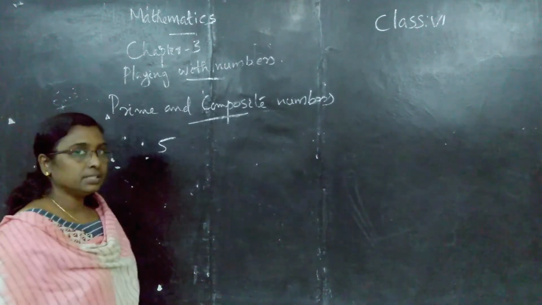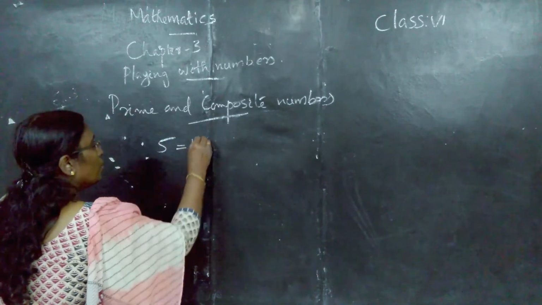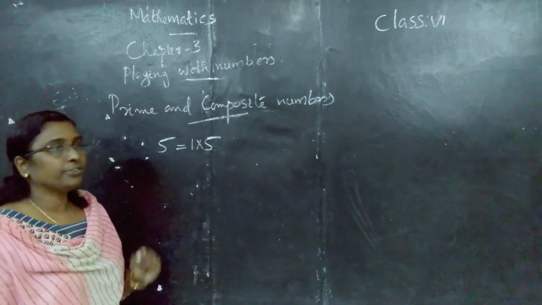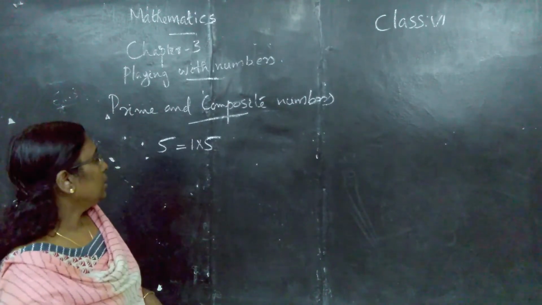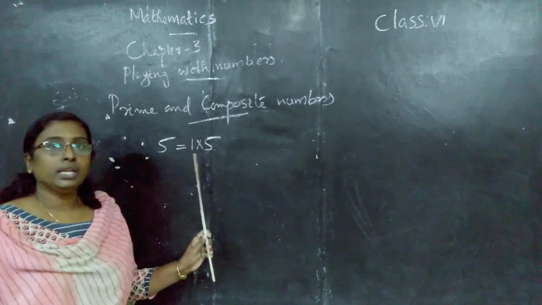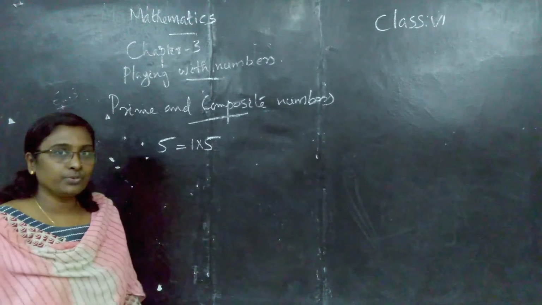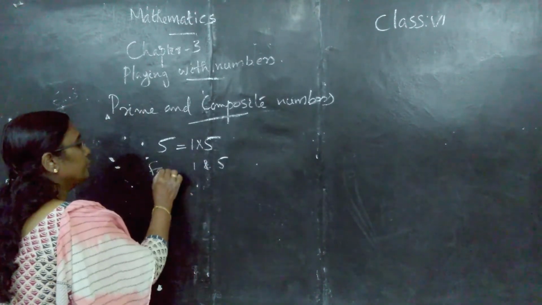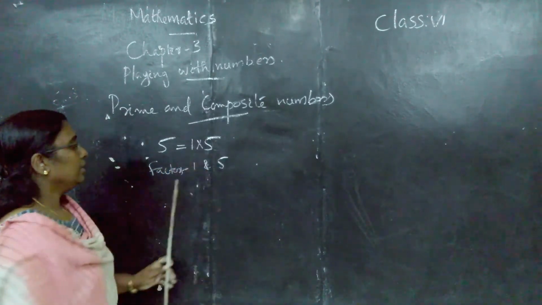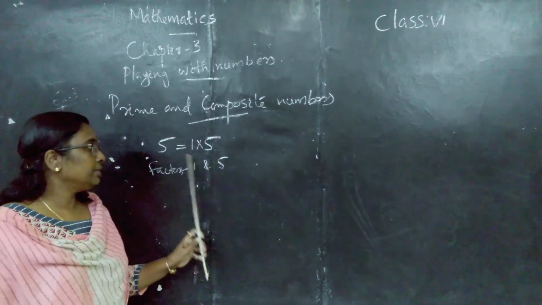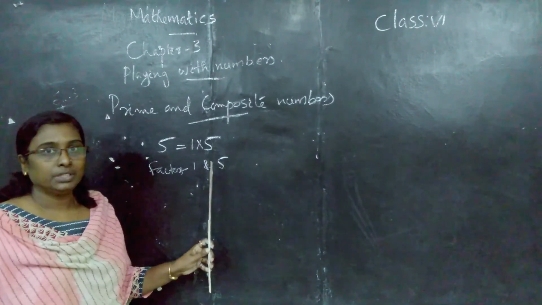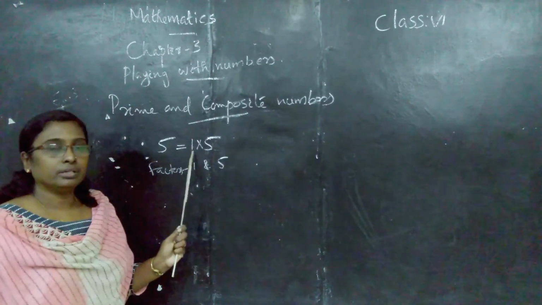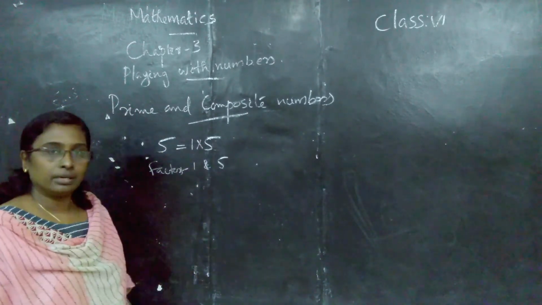How do we find the factors? 5 equals 1 into 5. There are no other possibilities to write 5 as a product of two numbers. So, the factors of 5 are 1 and 5. Here the factors are 1 and the number itself. It has no other factors except 1 and the number. So, this is a prime number.